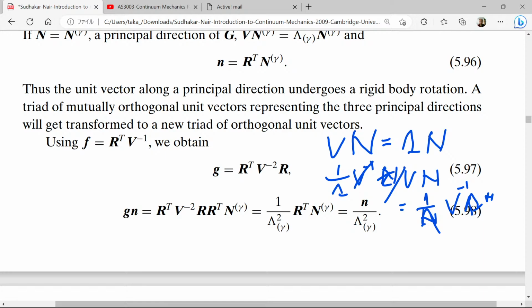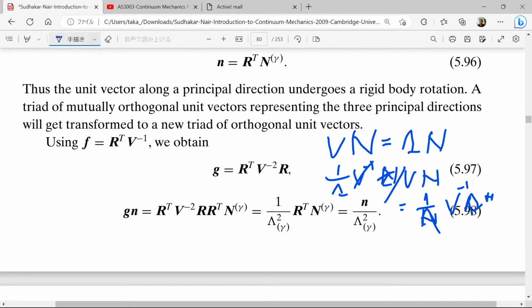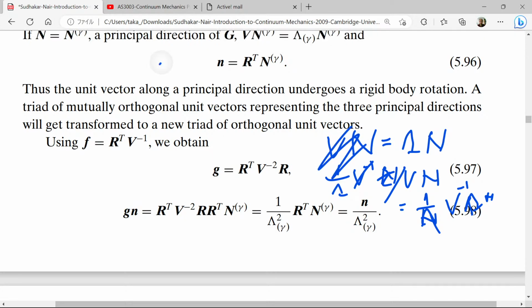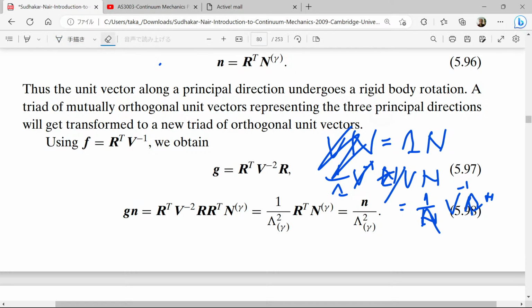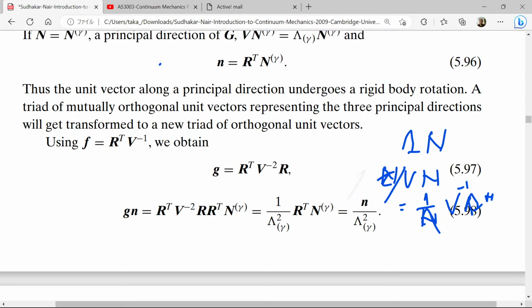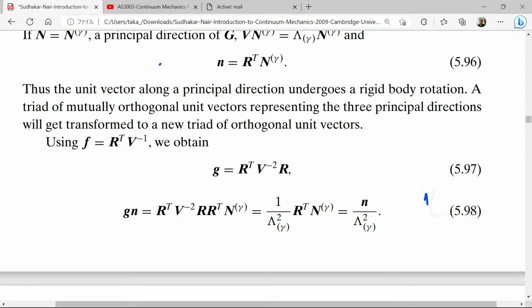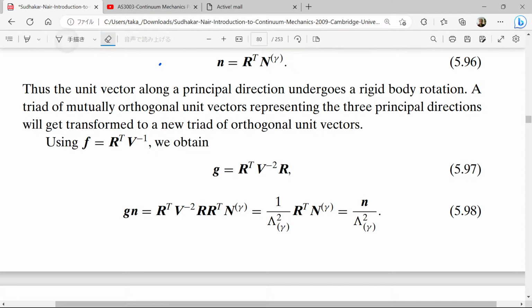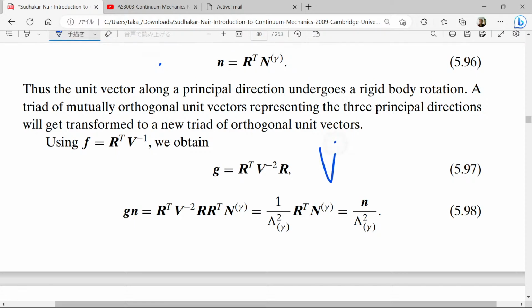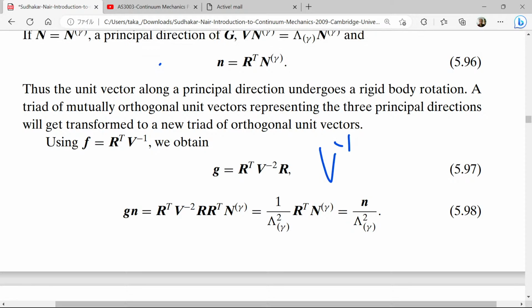So the question is, what is the eigenvalue of V inverse? You have some V inverse and you have an eigenvector.